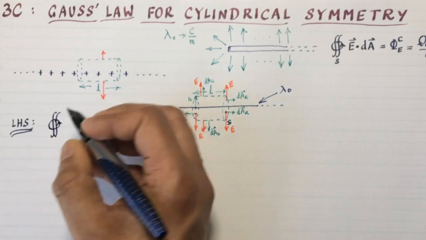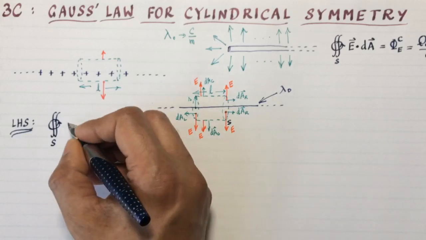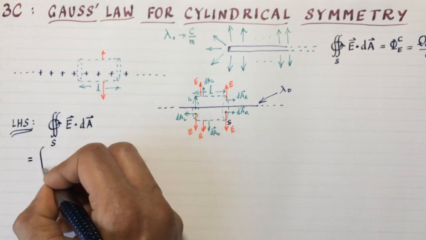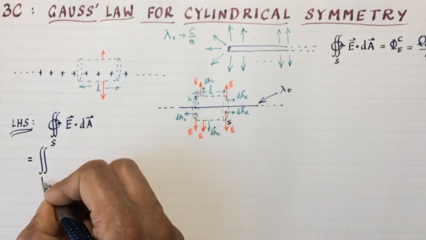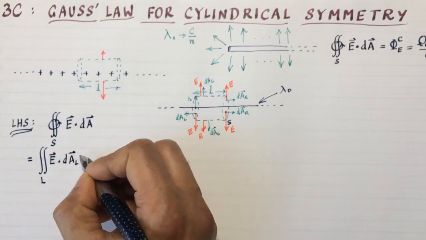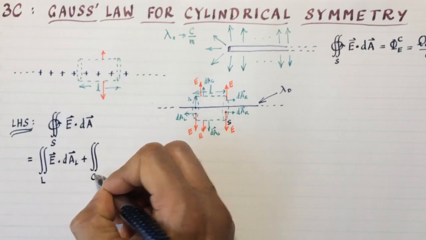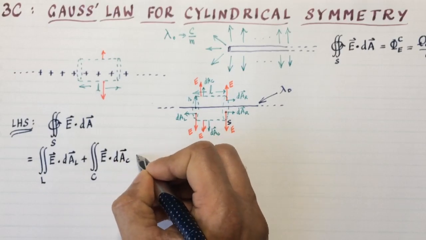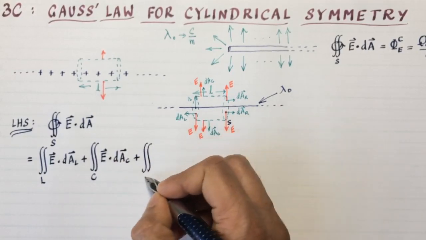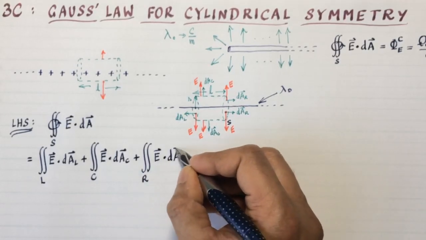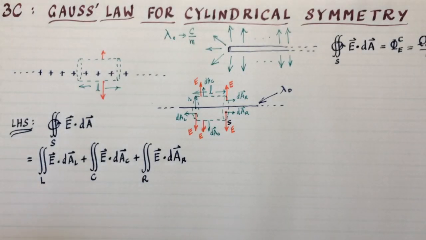The oriented closed double integral over the Gaussian surface known as S, E dot dA, is going to be equal to the open surface integral over the left side, E dot dA left, plus the curved surface, E dot dA curved, plus the integral over the right surface, E dot dA right. Splitting up the integral into three surface contributions is what's happening here.